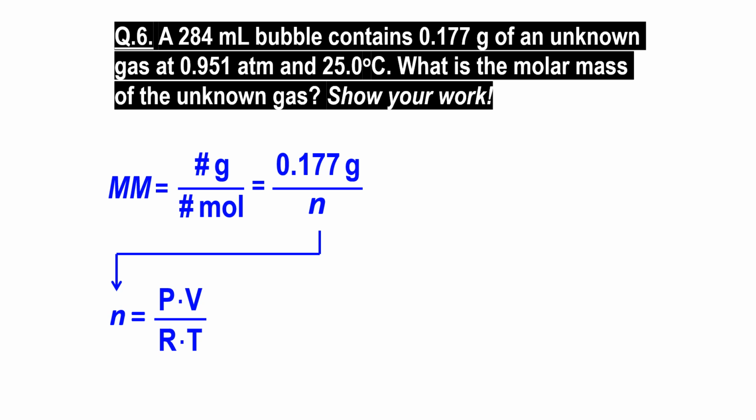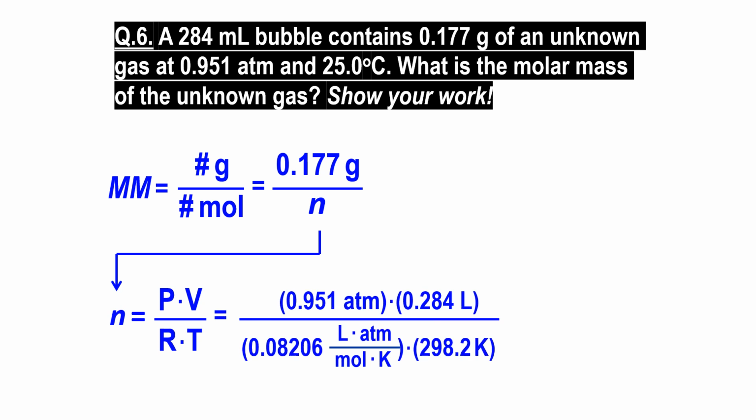R is the constant, and pressure is 0.951 atmosphere. We have volume. Remember, you need to convert the volume from milliliters to liters, which is 0.284 liters. You also need to convert your 25 degrees Celsius to Kelvin. In that case, we can find the mole number.